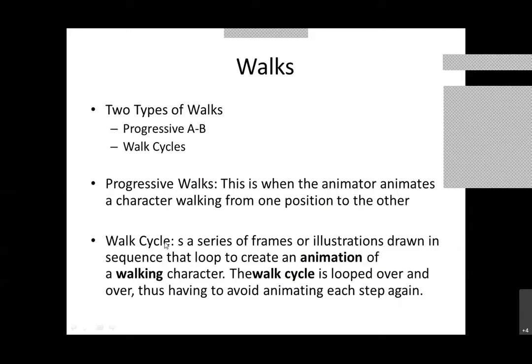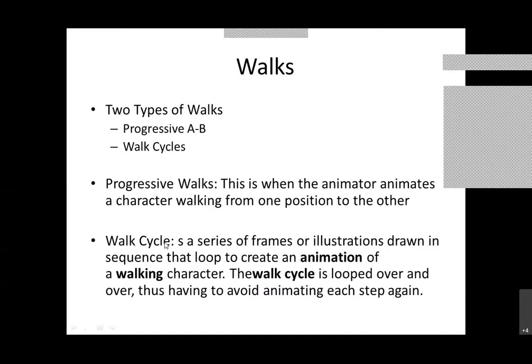You're walking, but you're not going anywhere. Your feet are moving and you're engaging in all of the main poses of the walk, but you are not physically moving from point A to point B. You're just walking in one position on a treadmill. That's what a walk cycle is.